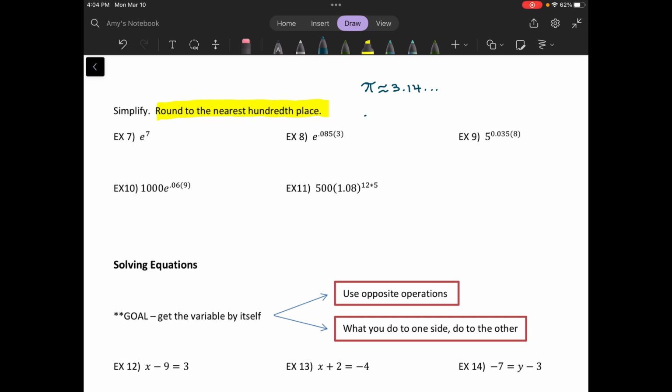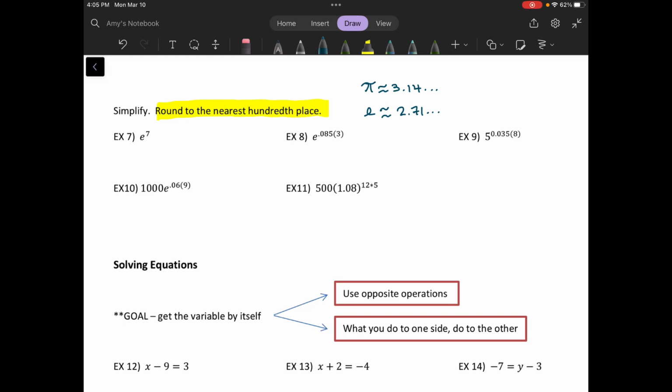E is another constant like that. E has a value attached to it, 2.71... It's going to go on and on forever as well. Your calculator has E programmed into it just like it has pi programmed into it.